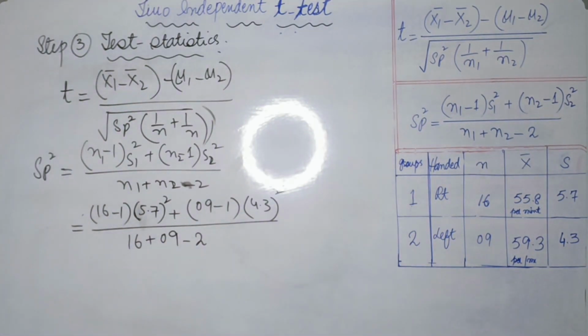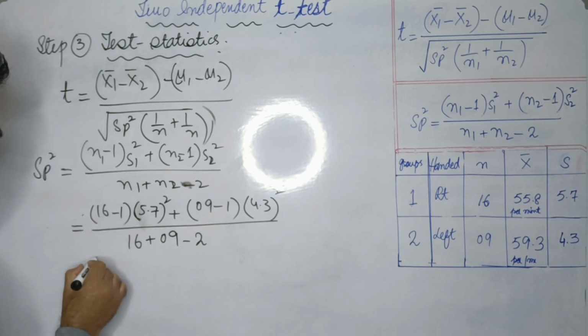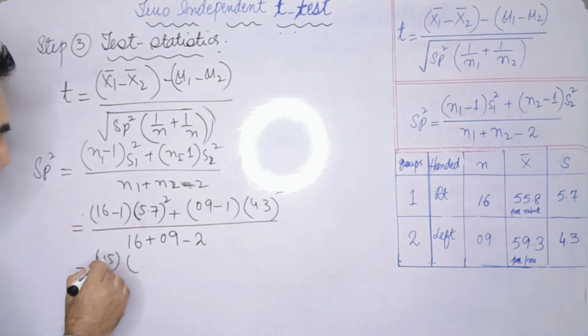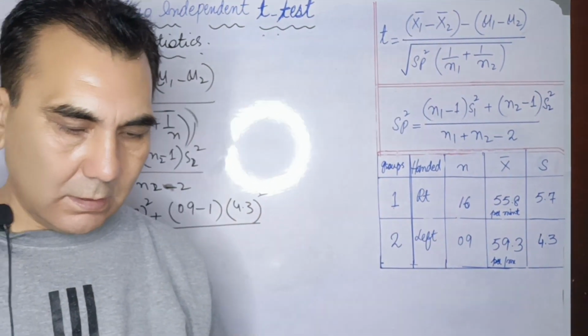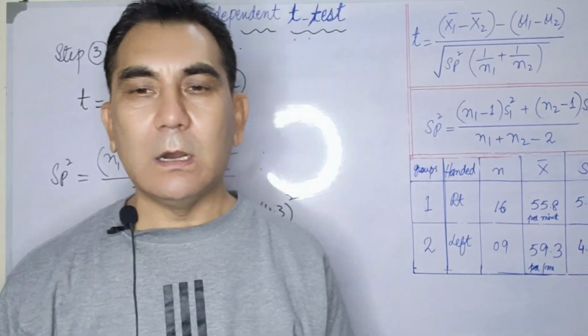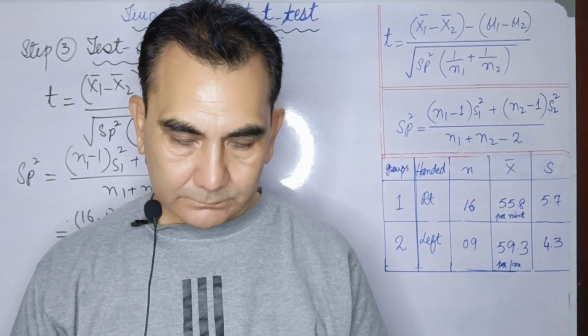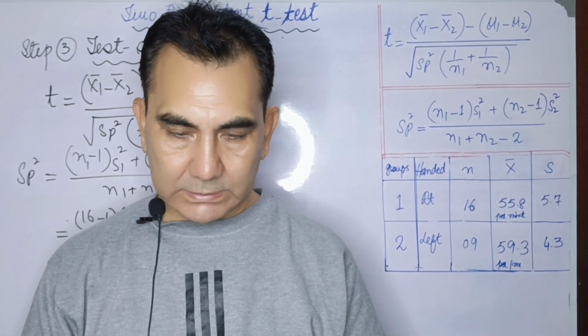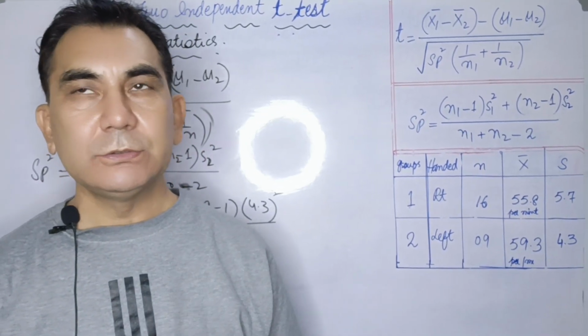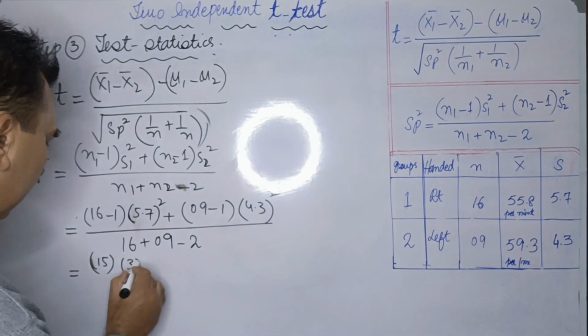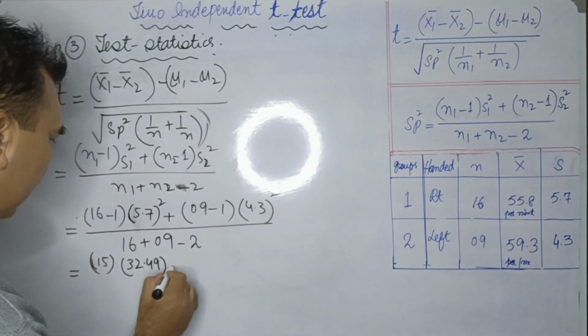Now, 16 minus 1 is 15, and 15 multiplied by 5.7 squared. We square 5.7 and it comes up 32.49.